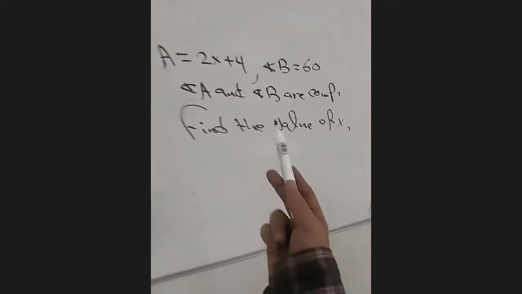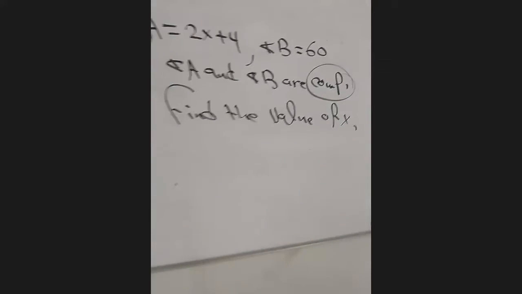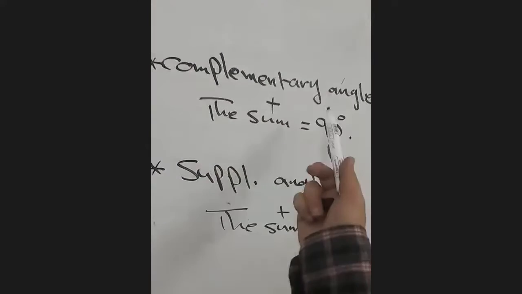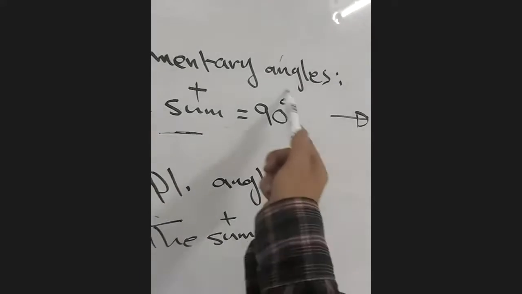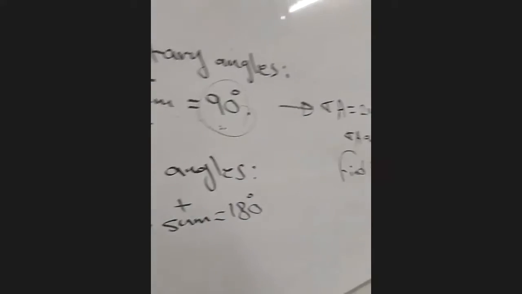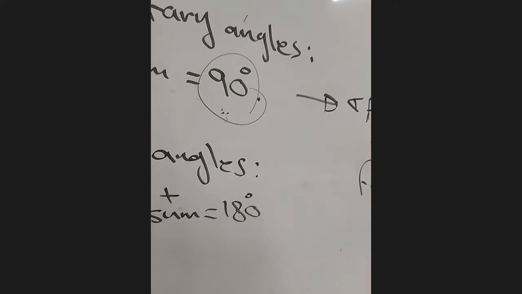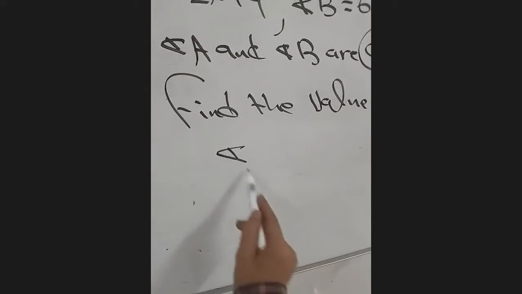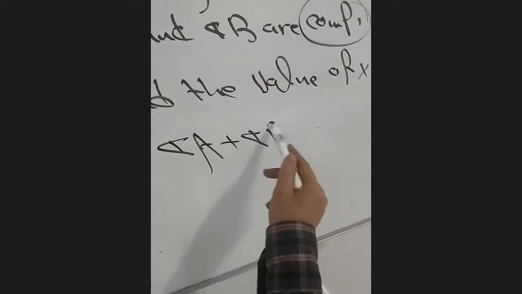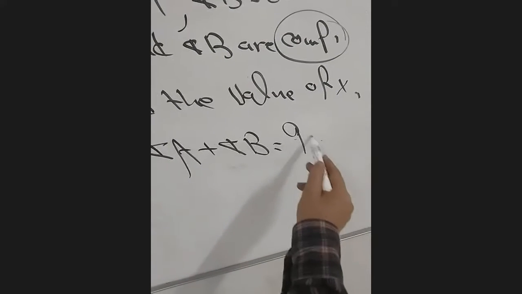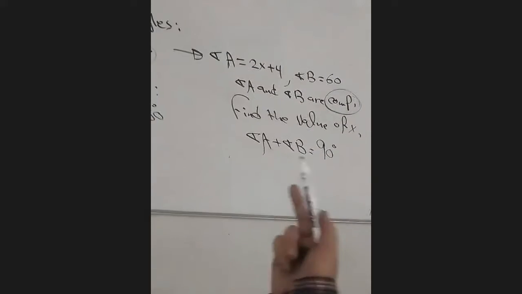Now here, the given is the 2 angles are what? Complementary. And if they are complementary, the total of them is how much? 90. Add them and put the answer equal to 90. So angle A plus angle B equals 90 degrees. Is this difficult?